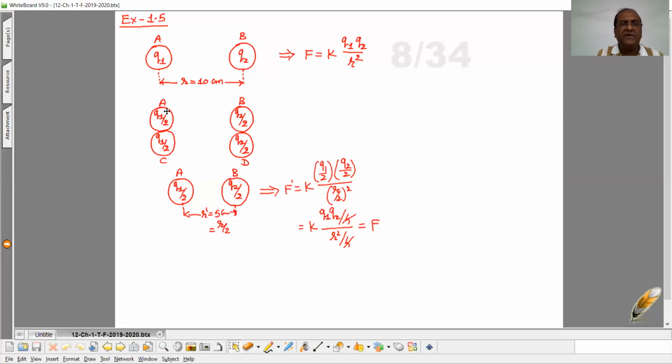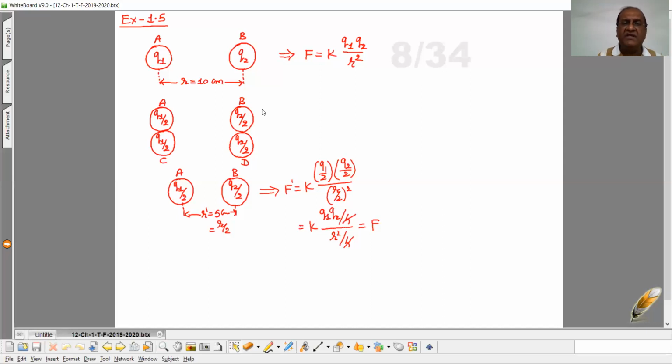Now, if A is touched with identical sphere C, charge distribution will take place, and when A and C are identical, the charge will be distributed equally. So the charge on A will be Q1 by 2 and on C will be Q1 by 2.